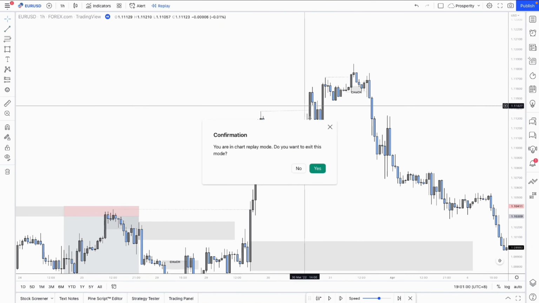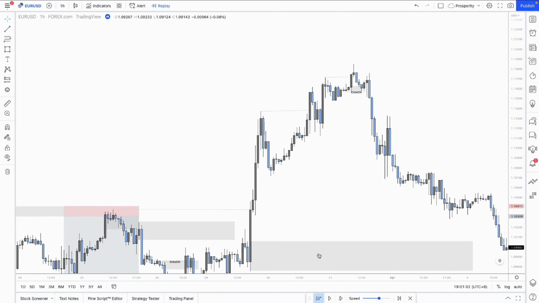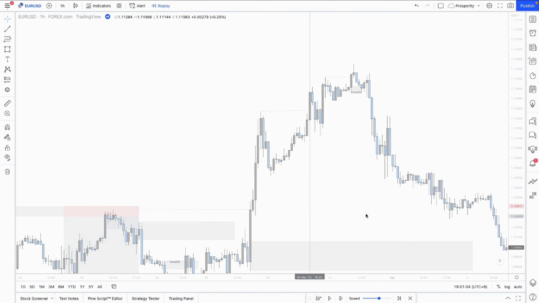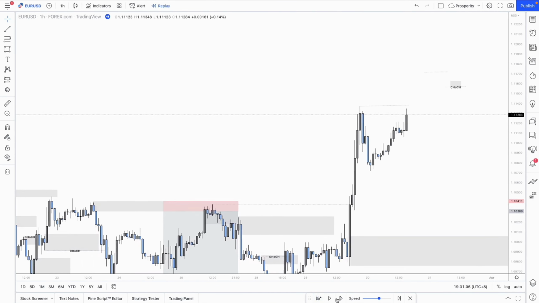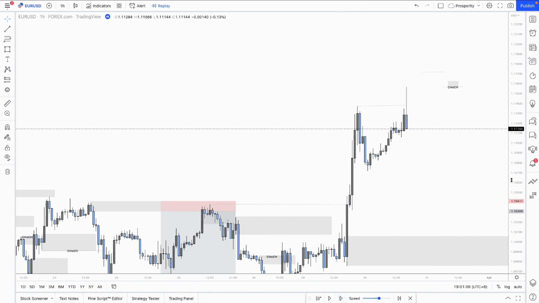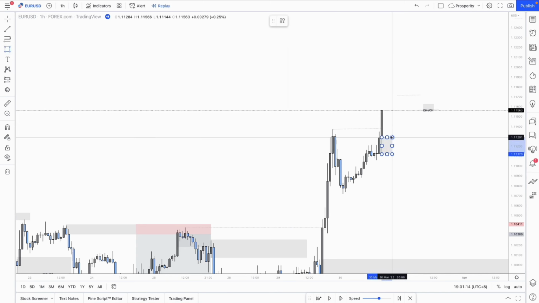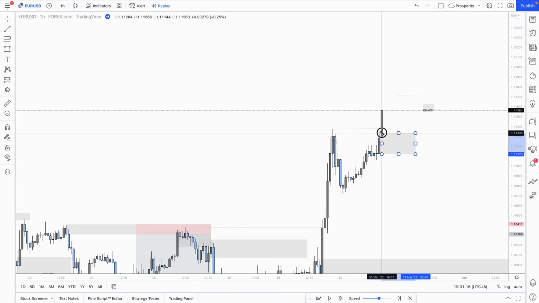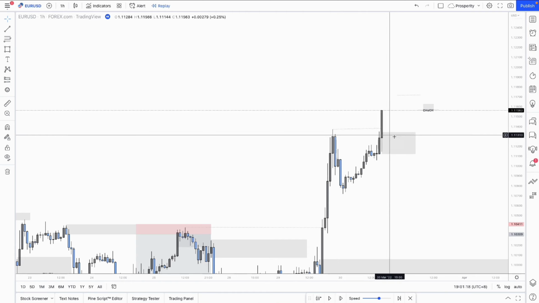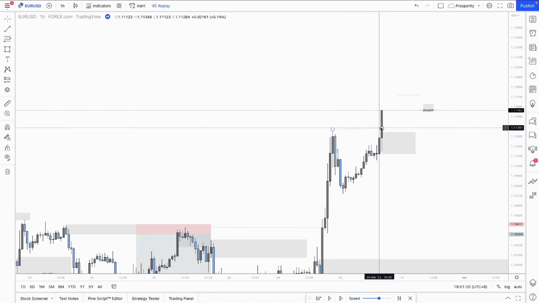If we actually go and replay price here, play one candle, you can see, right, the demand range in here. I mean, at this point it is already mitigated. We still have our buy to sell wick. You can see, right, that this is the demand range that's just put in a new high.